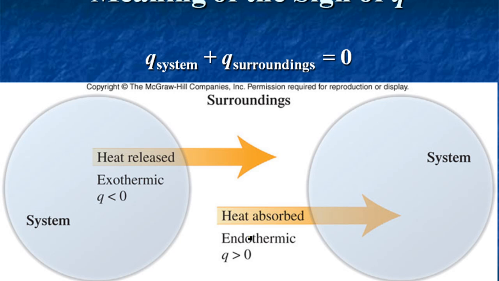Again, remember the principle, law of conservation of energy, that energy cannot be destroyed or created. So, whatever heat is lost by a substance has to be absorbed by the surroundings, and whatever heat is absorbed by the surroundings has to be equal to the heat released by the system, right?